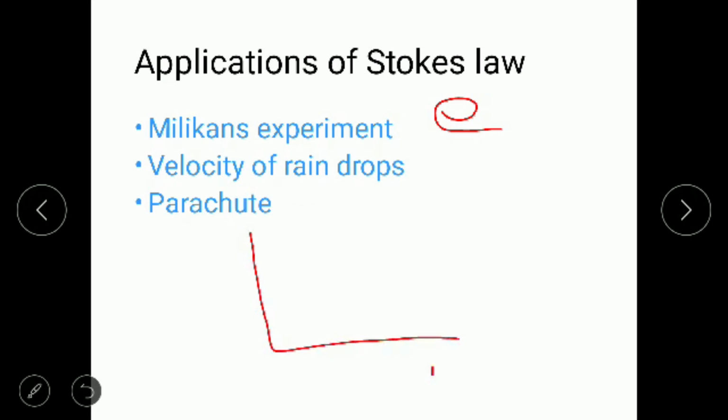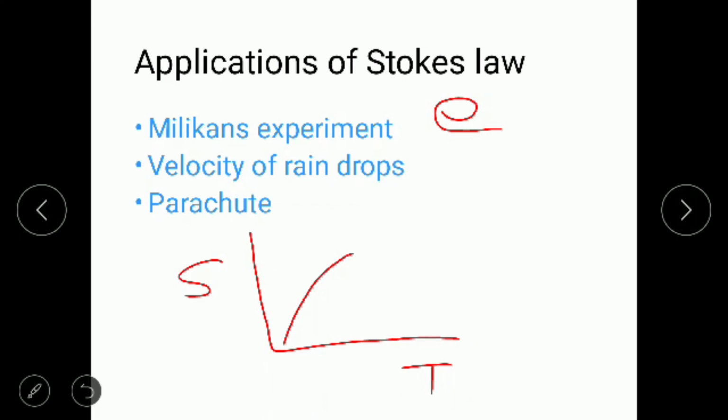Okay, there is a graph of time with speed. In the initial stage, the acceleration goes on decreasing rapidly until the parachute is fully open. Therefore, in the beginning, the speed of the person increases somewhat rapidly. So this is how it increases.